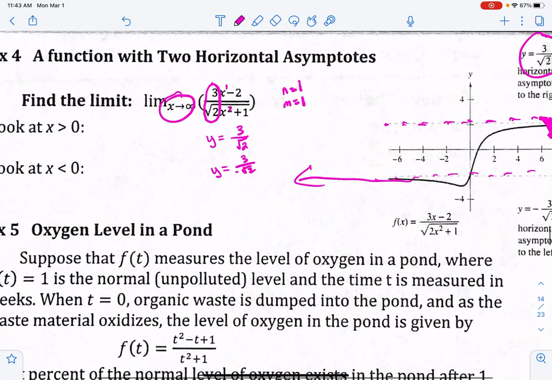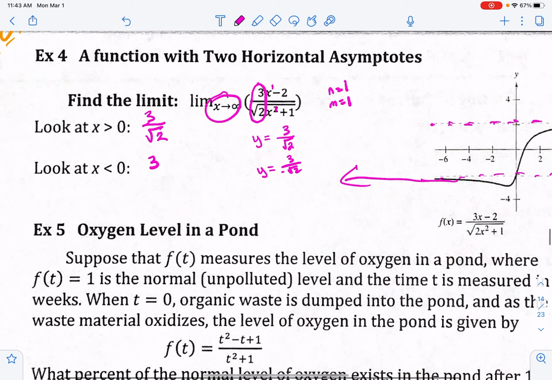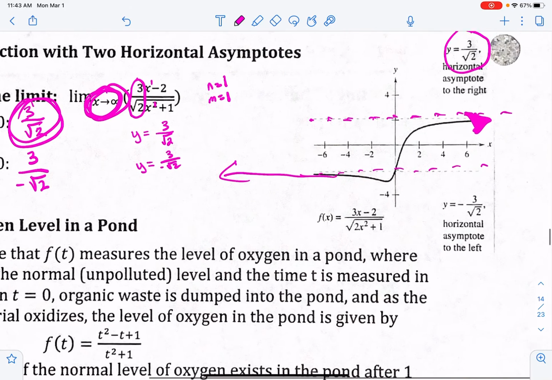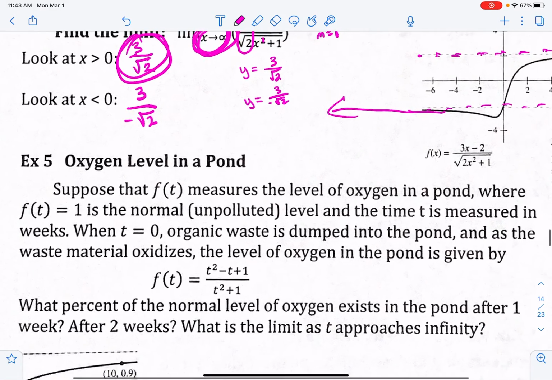So, looking at x's that are greater than 0, they're approaching a limit of 3 over the positive square root of 2. X's that are less than 0 are approaching 3 over negative square root of 2. And so the limit for this one, since we're looking at x going to the right side, is positive 3 over the square root of 2, okay? So you kind of have to take the graph into consideration, since there are 2 horizontal asymptotes, okay?